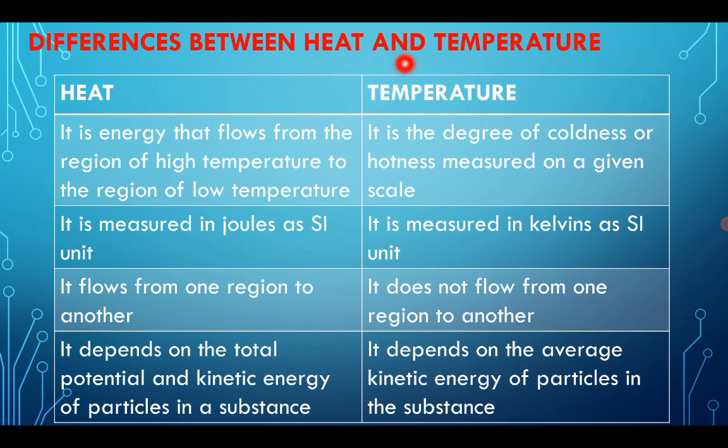Heat and temperature do not necessarily mean the same thing, although they are related. So there cannot be temperature without heat. Where there is heat, there is temperature. In this case, temperature depends on heat. Heat must be available for temperature to exist, and not the other way around.